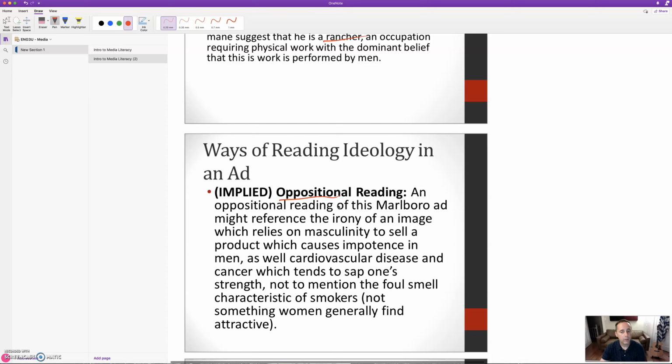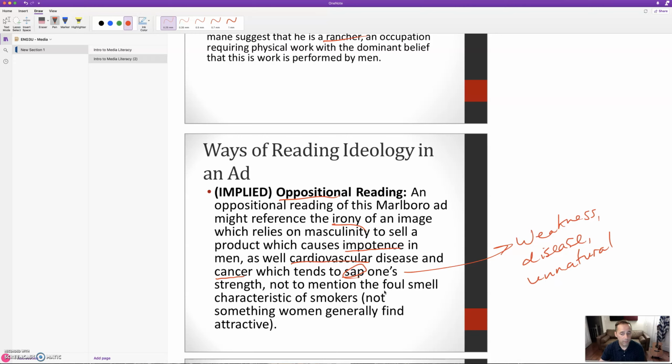An oppositional reading of this Marlboro ad might reference the irony, that's when the opposite happens of what you expect, of an image which relies on masculinity to sell a product which causes impotence in men, as well as heart disease and cancer, which tends to sap one's strength, so it's weakness, disease, and it's unnatural.